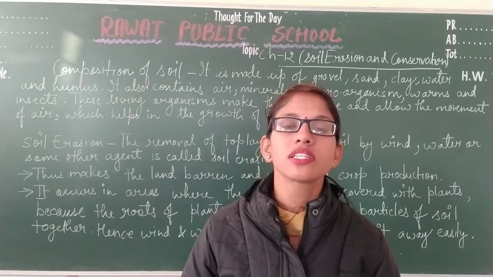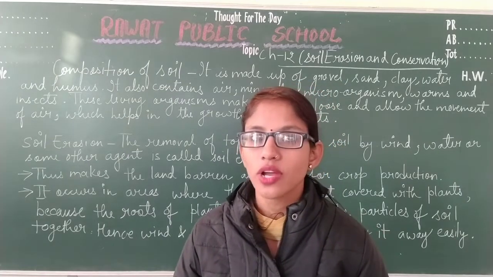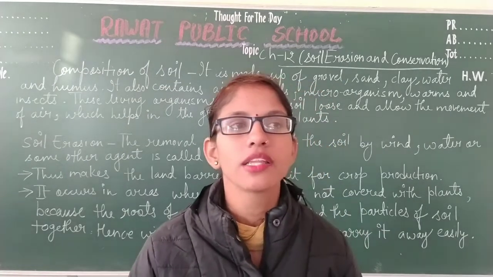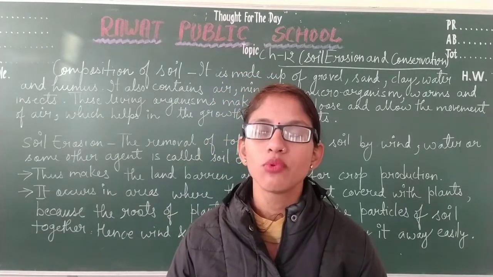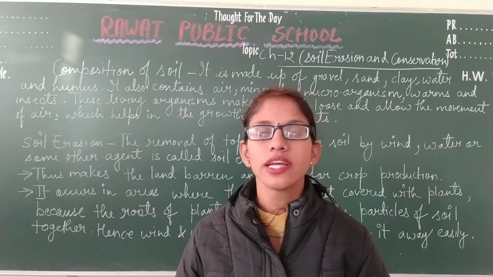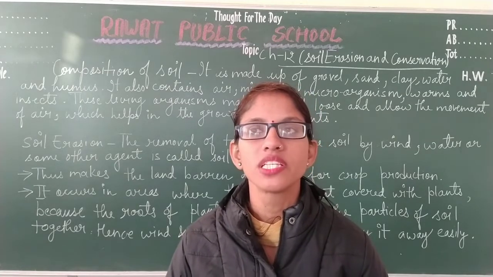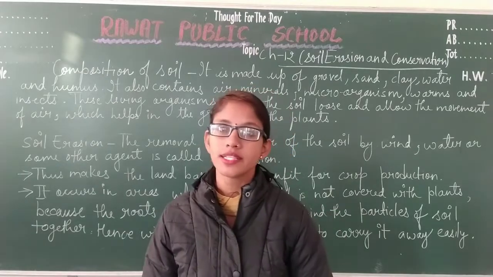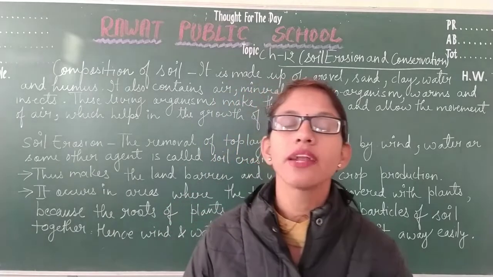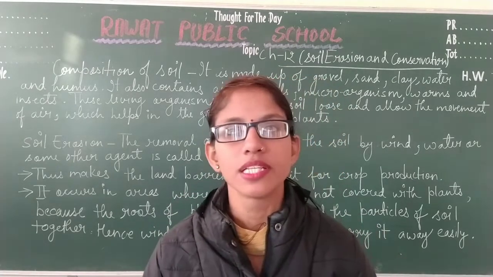Then after that we have discussed that there are different layers of soil. The different layers of soil are the topsoil, subsoil and the bedrock. So topsoil is the uppermost layer of the soil that is rich in humus, and nutrients are also present in this soil, and this is the layer on which the plants grow, and humus is the dead remains of plants and animals.